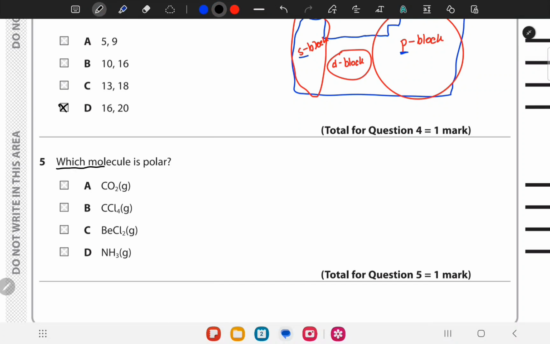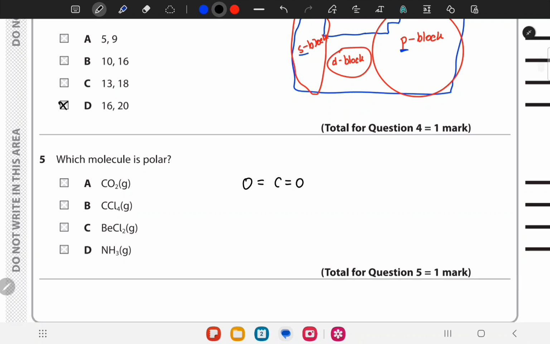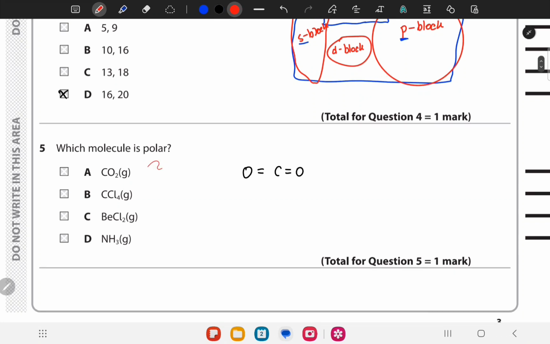In question 5, we are asked which molecule is polar. Now carbon dioxide has a linear shape, so their dipole moments cancel out, so this is not our answer. Same case over here in CCl4, this is a tetrahedral shape.